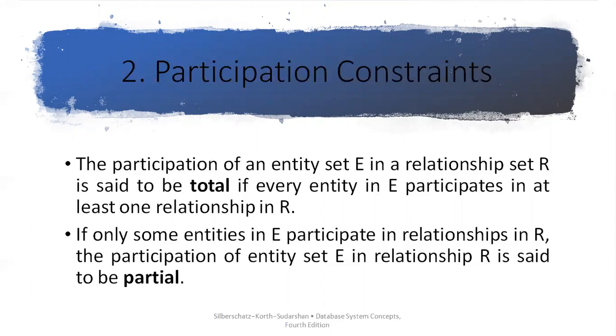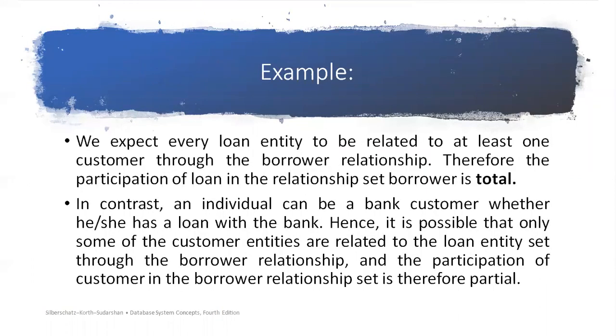Then what is partial participation? If only some entities in E participate in relationship R, the participation of entity set E in relationship R is said to be partial. Now this seems a little complicated. This will be very easy if you see the example. Now see the example.